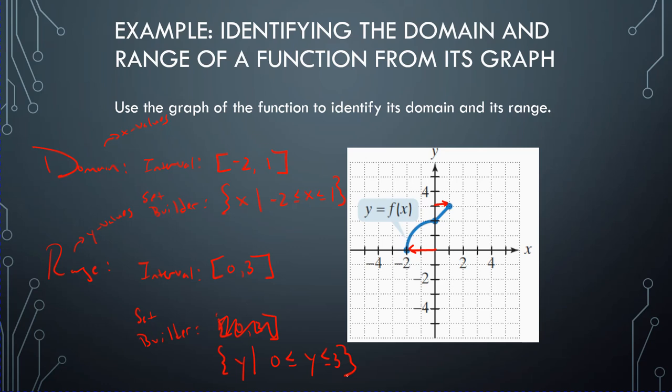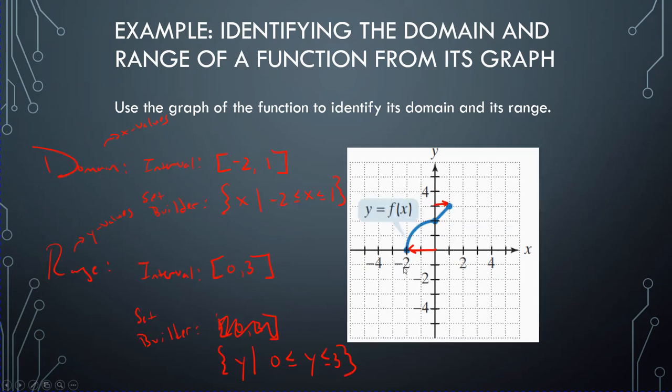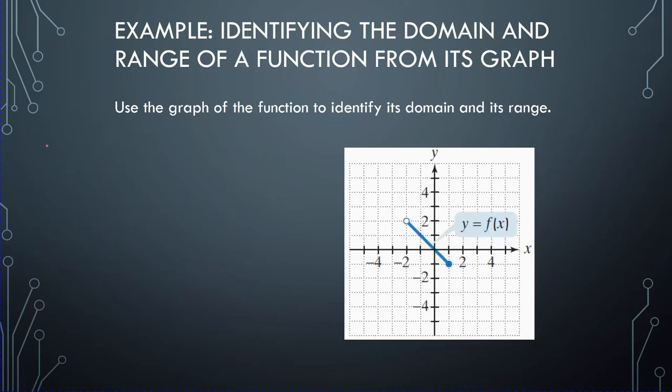All right, let's do another one here. Okay, so now notice, this is really important. Notice I have an open circle here, not a closed circle. Like in the previous example, these closed circles mean it includes the endpoints, okay? So the domain, well, look, it's the x values.